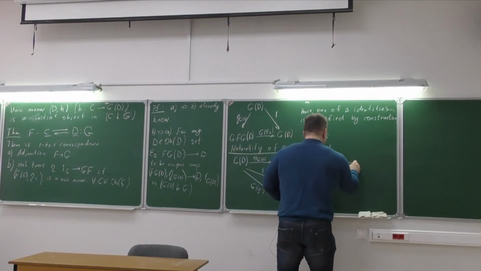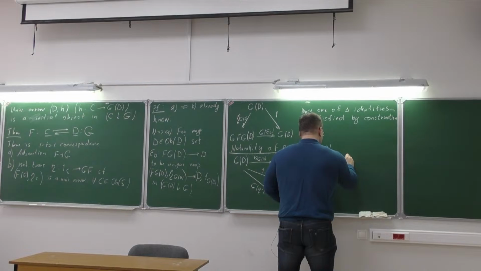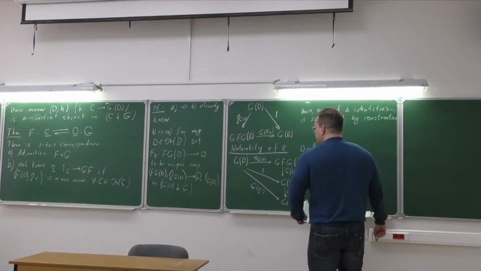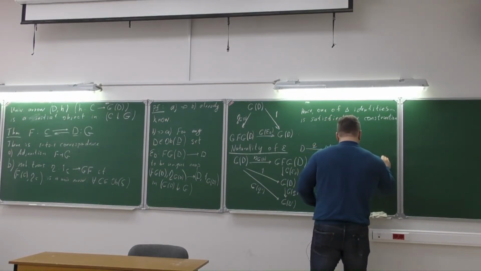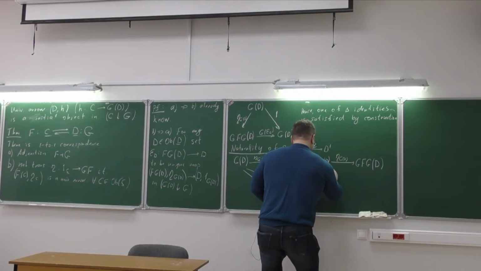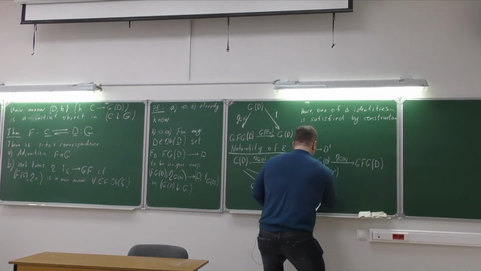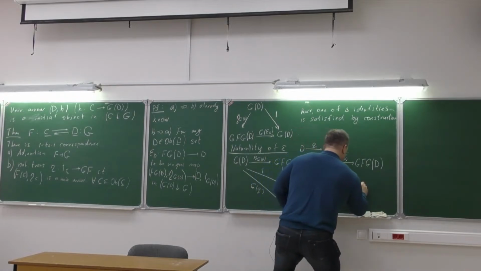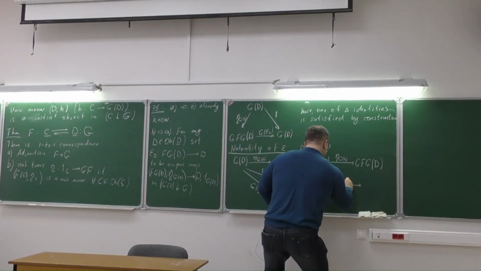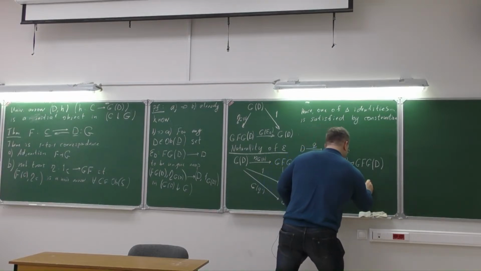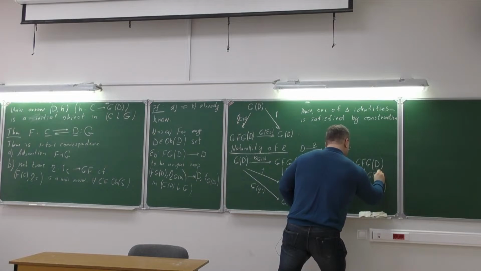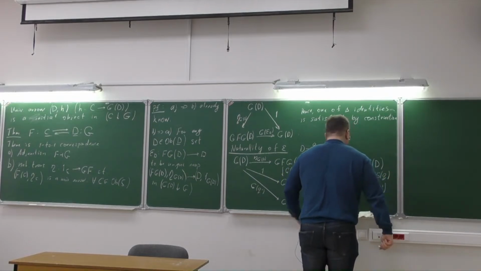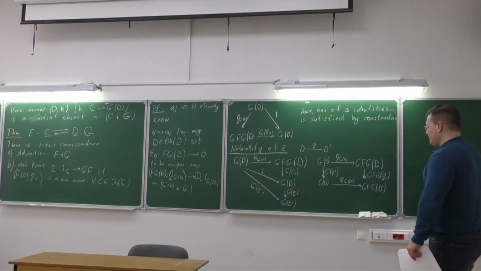The first piece is just the fact, represented by a diagram, that eta is a natural transformation. Okay, there shouldn't be any surprises here, right?